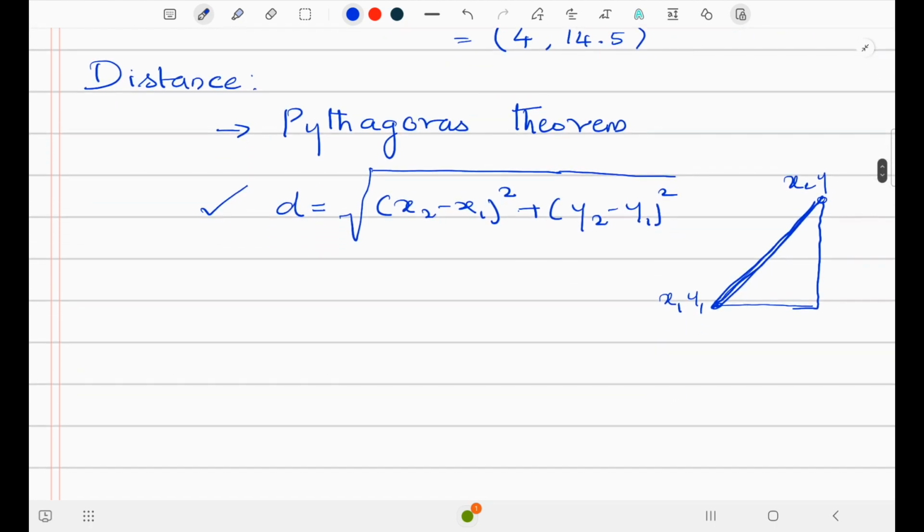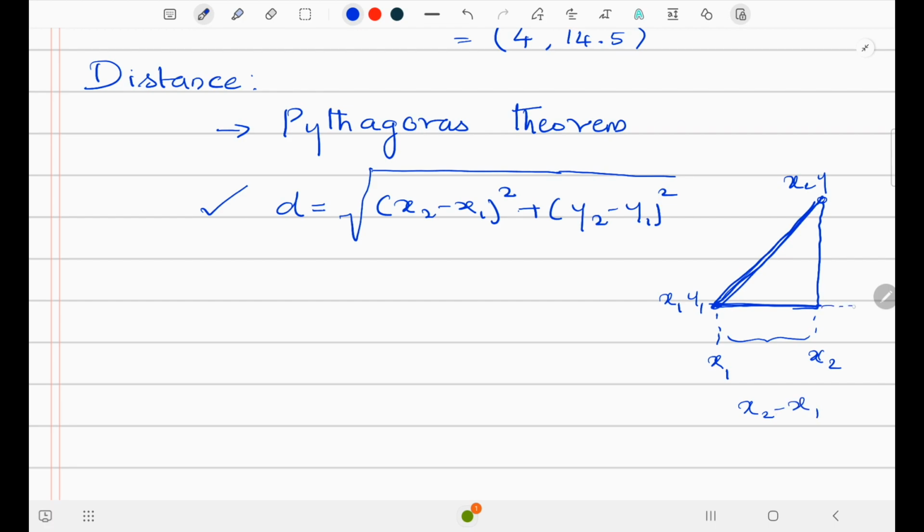Okay. Now, for now, just remember the Pythagoras theorem that d equals the square root of x2 minus x1 the whole square plus y2 minus y1 the whole square. So how come x2 minus x1? Because this is the x1 value and this one is the x2 value, so the distance is x2 minus x1.